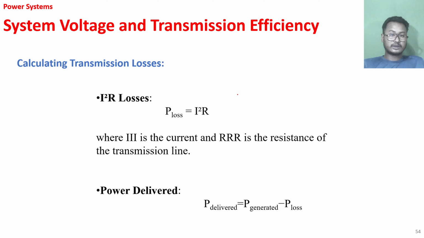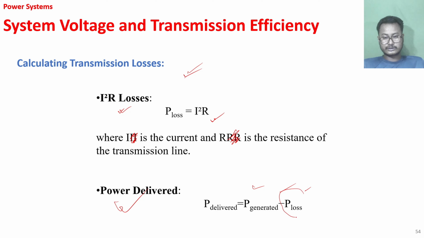So calculating transmission loss, as per the same thing we have said earlier, I square R is the loss. So P loss is equal to I square R, where I is the current and R is the resistance of the transmission line, and power delivered is the power generated minus P loss.